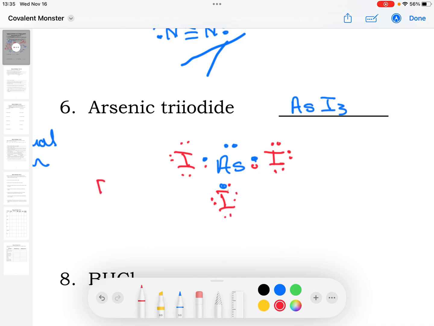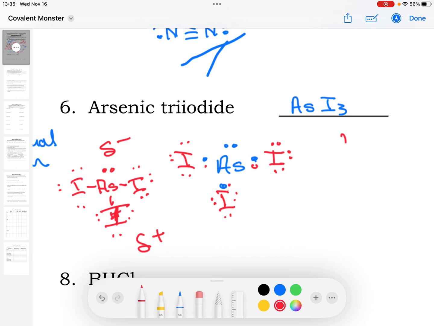Another way to draw this would be As, with I, that was supposed to be I. This is going to be the delta minus end and the delta plus end.